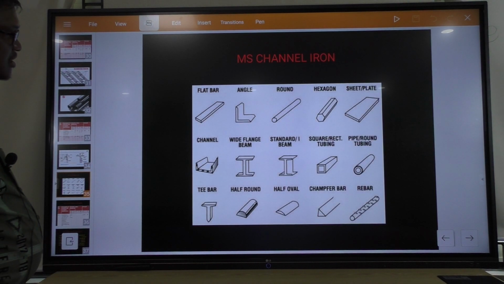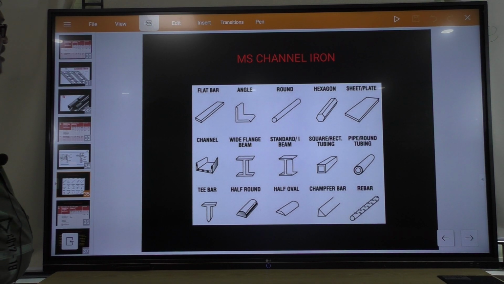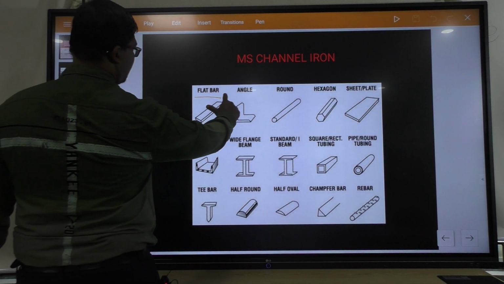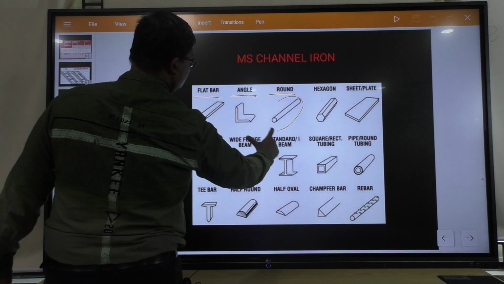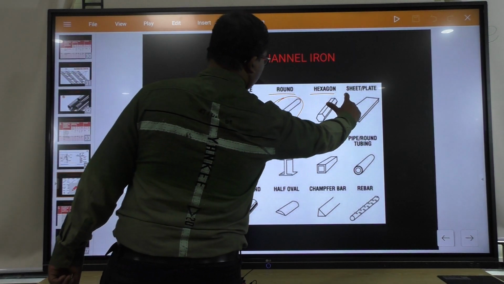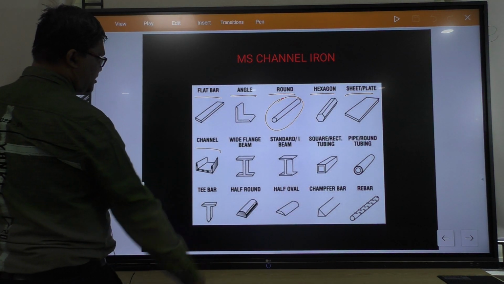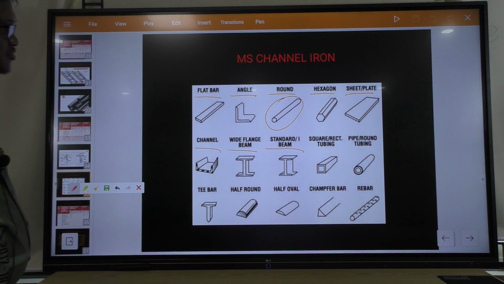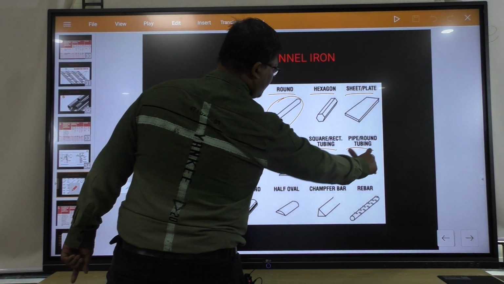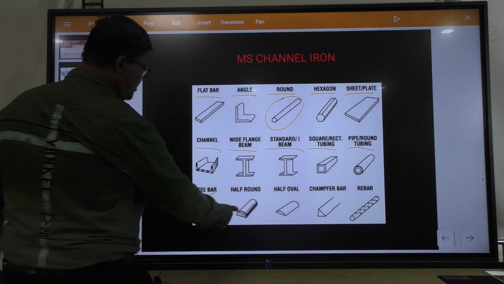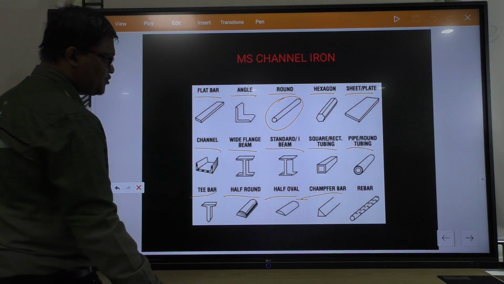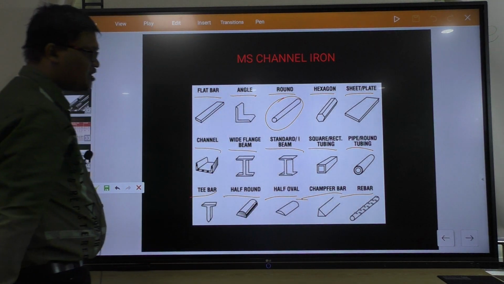Next, this is the MS channel, different structures of MS channel: flat bar, angle, round, hexagon, sheet plate, channel, wide flange beam, standard I beam, square rectangular tube, pipe round, T bar, half round, half oval, chamfer bar, and rebar.